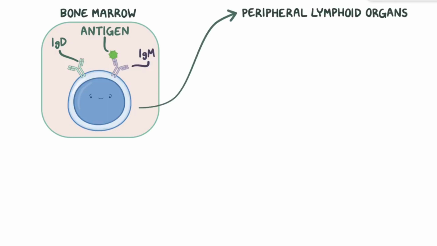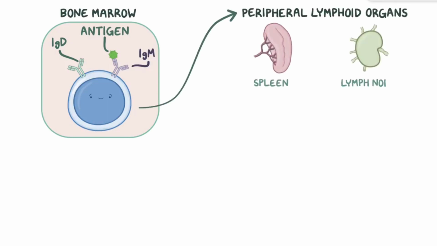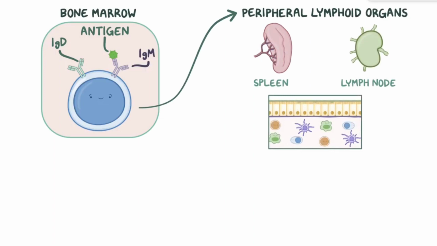Initially, all of the B cells have IgM and IgD class antibodies on their surface, with each B cell recognizing and binding to its own unique antigen. Mature B cells leave the bone marrow and migrate to peripheral lymphoid organs, like the spleen, lymph nodes, or mucosa-associated lymphoid tissue, which is also called MALT.